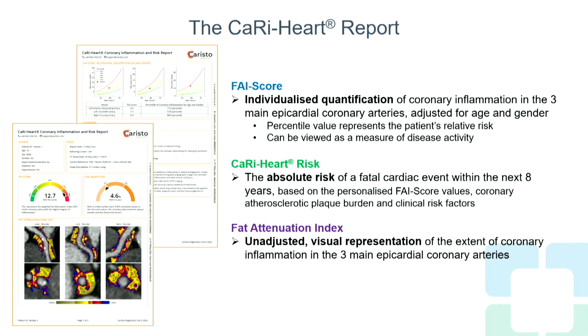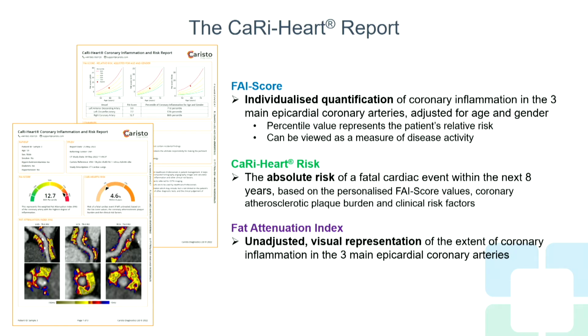And it creates, adjusted for age and gender, percentile values of relative risk. Then you are moving on to the CARI heart risk, the absolute risk of a fatal event. So it's not just enough to look at a nasty looking plaque and feel bad about it. This puts in context what the risk of a future event is at the next 8 years.